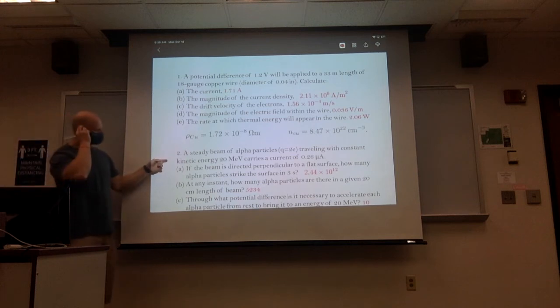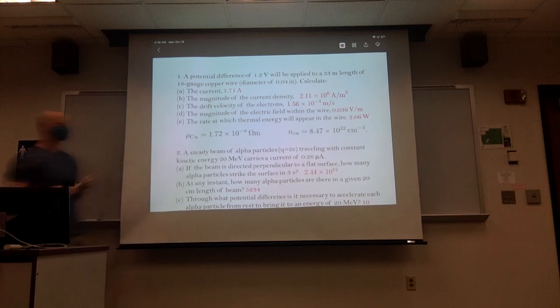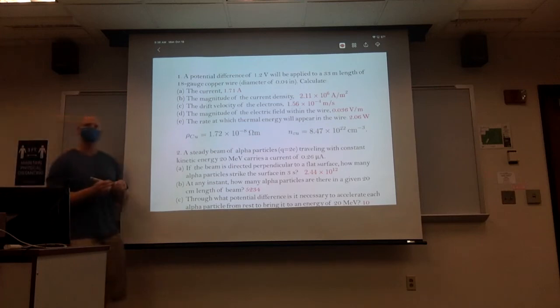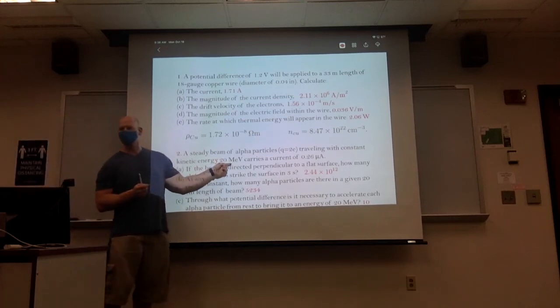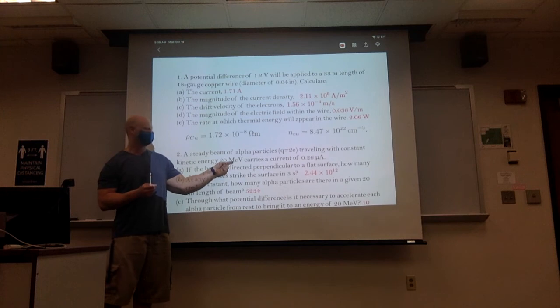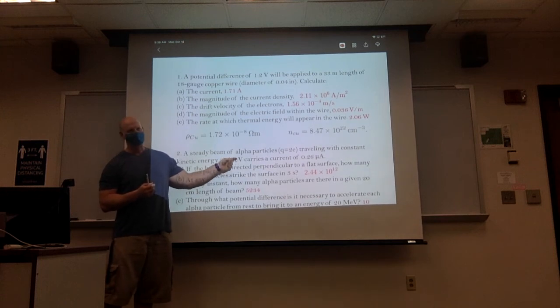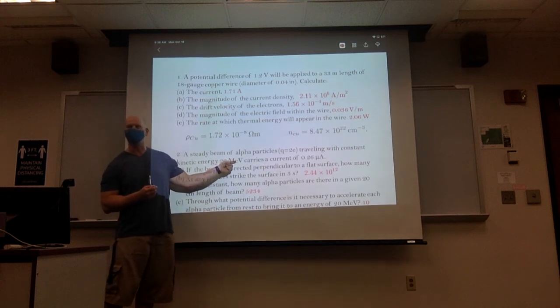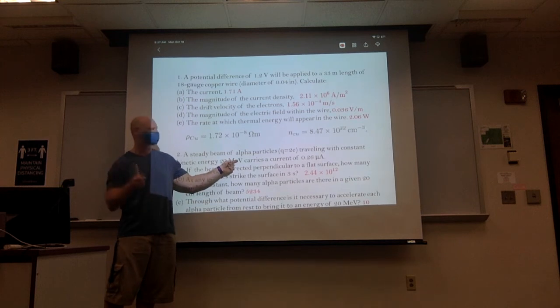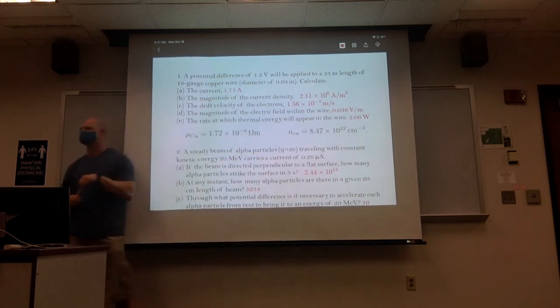The second one says we have a steady beam of alpha particles, which have a charge of twice the fundamental charge, traveling with a constant kinetic energy of 20 MeV. So what's an MeV? An MeV is another unit we can use for energy instead of joules. Let's work on eV itself. What an eV means literally is the energy it takes to accelerate a charged particle of charge e, the fundamental charge, so a proton or electron, through a 1 volt potential.